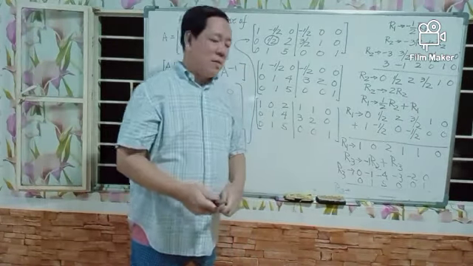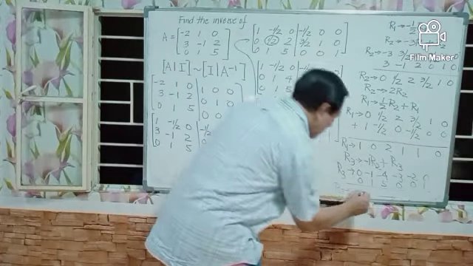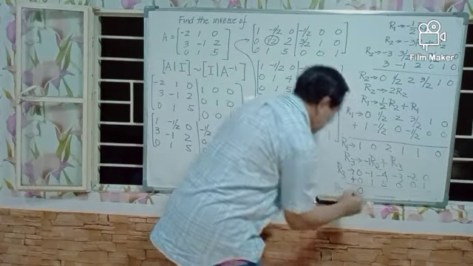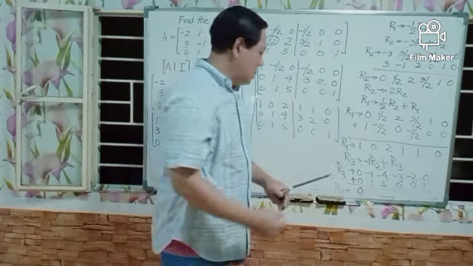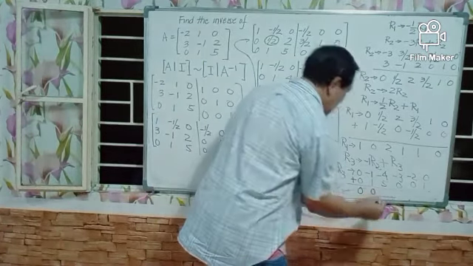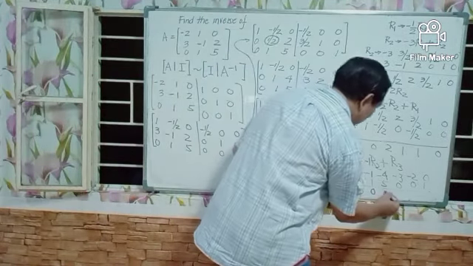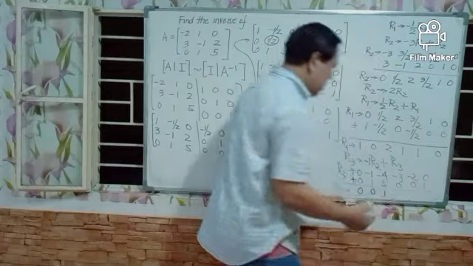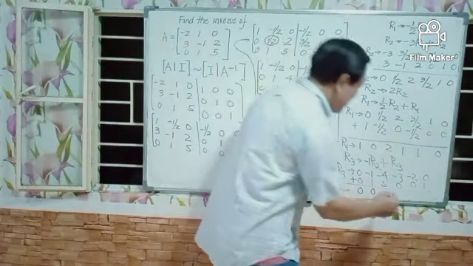And we add: 0 plus 0 is 0. Negative 1 plus 1 is 0. Negative 4 plus 5 is 1. Negative 3 plus 0 is negative 3.